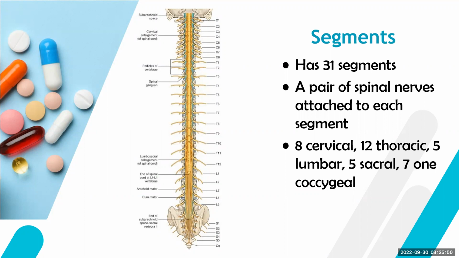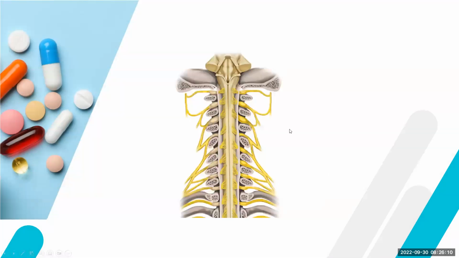So we have 8 cervical spinal nerves. Then below each of the 12 thoracic vertebrae, we have a thoracic nerve, and then we have 5 lumbar, 5 sacral, and one coccygeal.